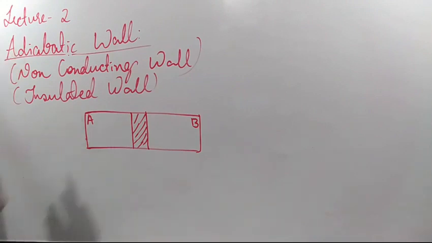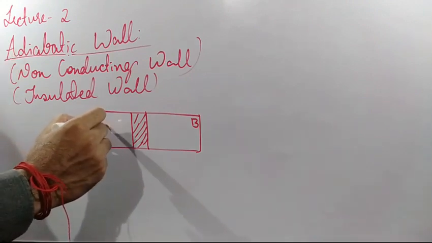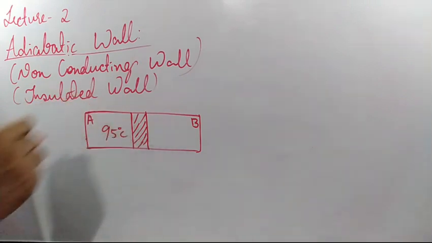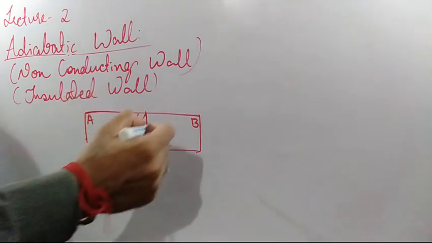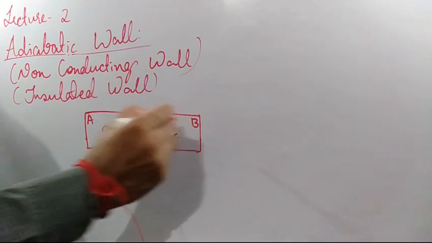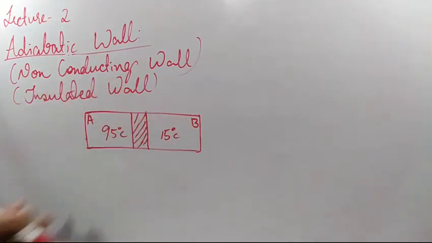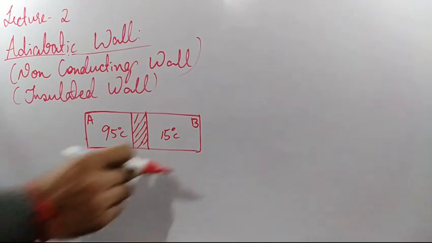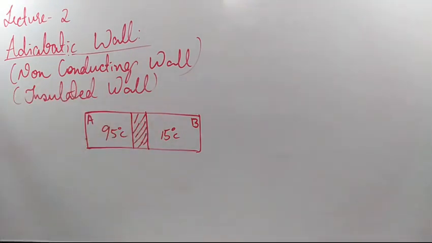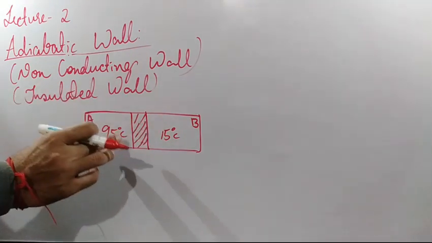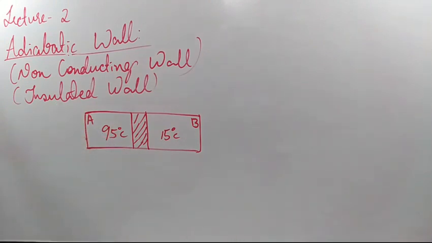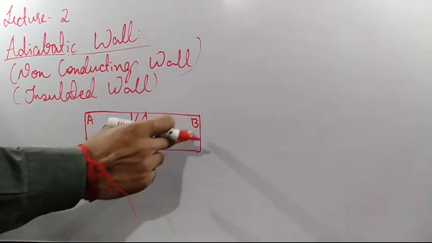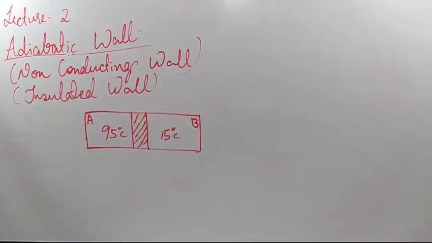Let us suppose system A is at 95 degrees Celsius as the temperature, and system B is at 15 degrees Celsius. So a temperature difference is there. This system is reading 95 degrees Celsius on the Celsius scale, and system B is reading 15 degrees Celsius.